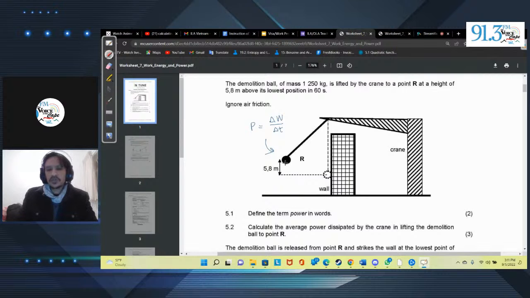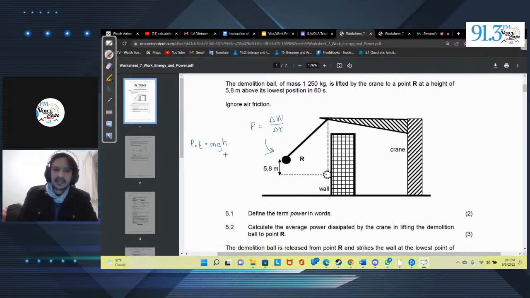So what would the work be over here, or the energy that we would need over here? Well, we know that if it's up here and we have a height and someone's just holding it still, we have something called potential energy. And as we know, potential energy is just mass times the gravitational constant times height.